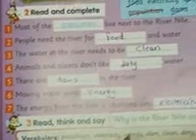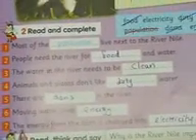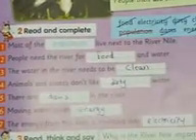Number 6, moving water gives energy. Number 7, the energy from the dam is changed into electricity.